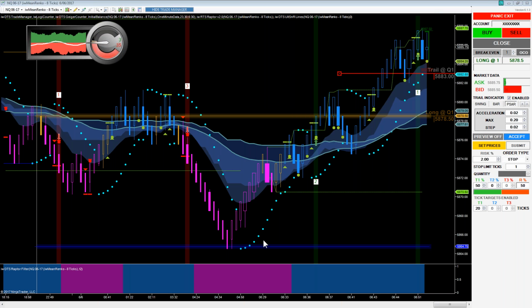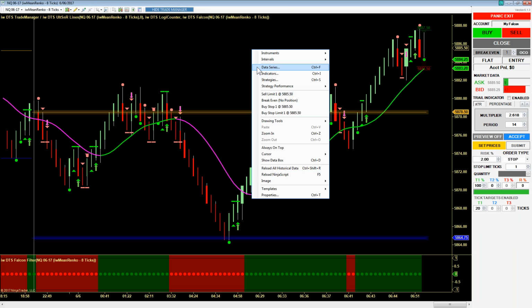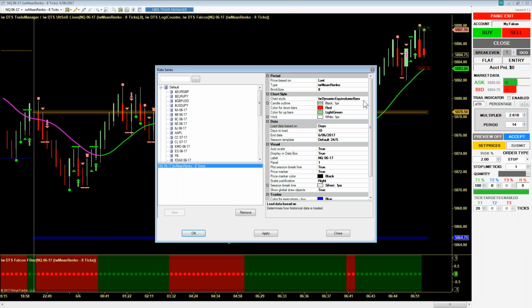Fred's asking, what's regulating the bar width? Let me show you that on one of the other tools here, Fred. That is here on the data series. I'm using the Indicator Warehouse dynamic equivolume bars.